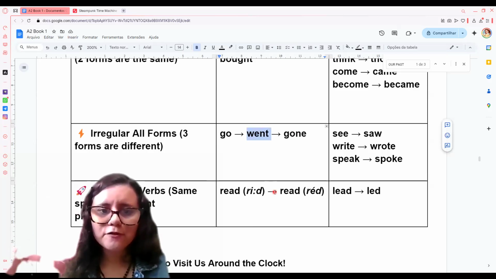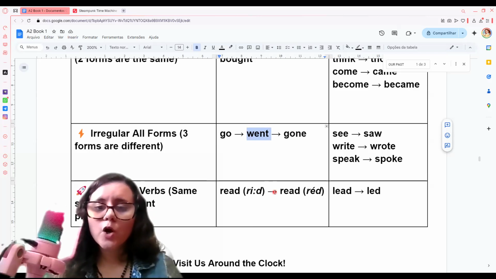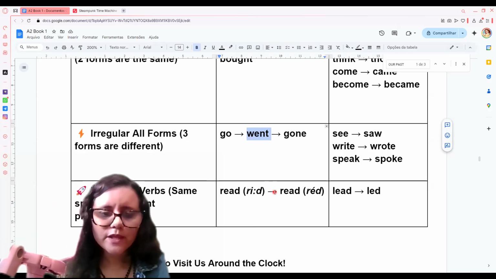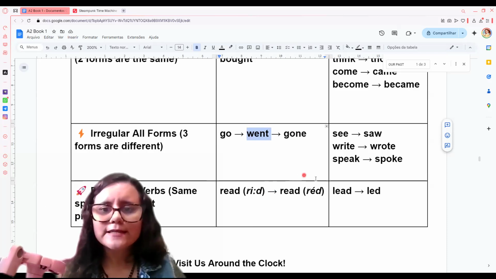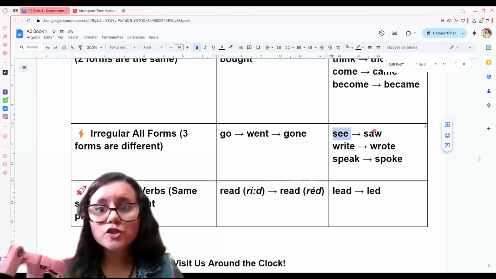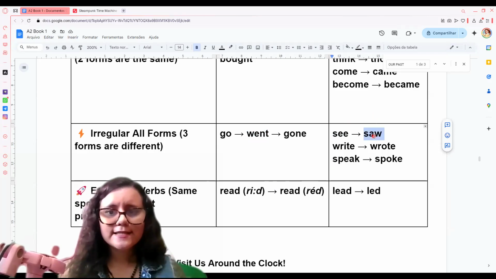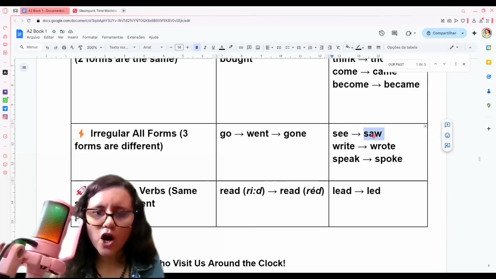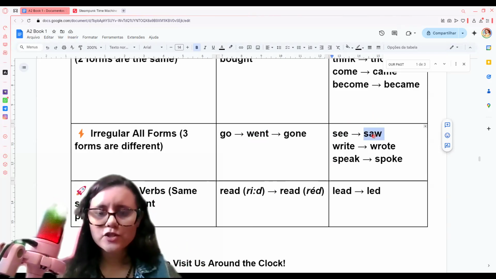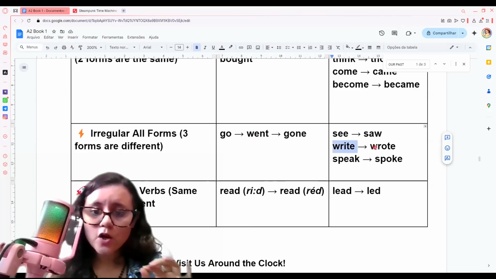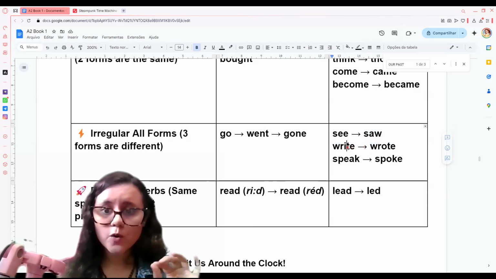So repeat after me. Go, went. Another example is see, saw. Repeat. See, saw. Very good. Write, wrote.